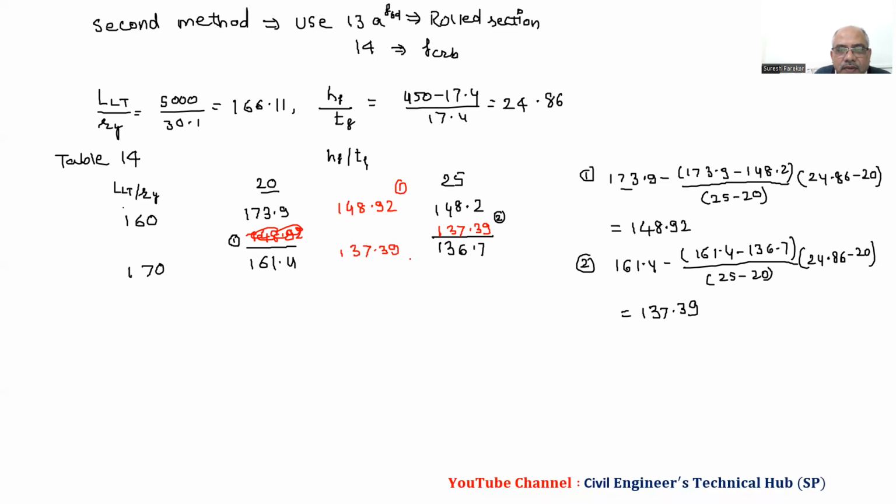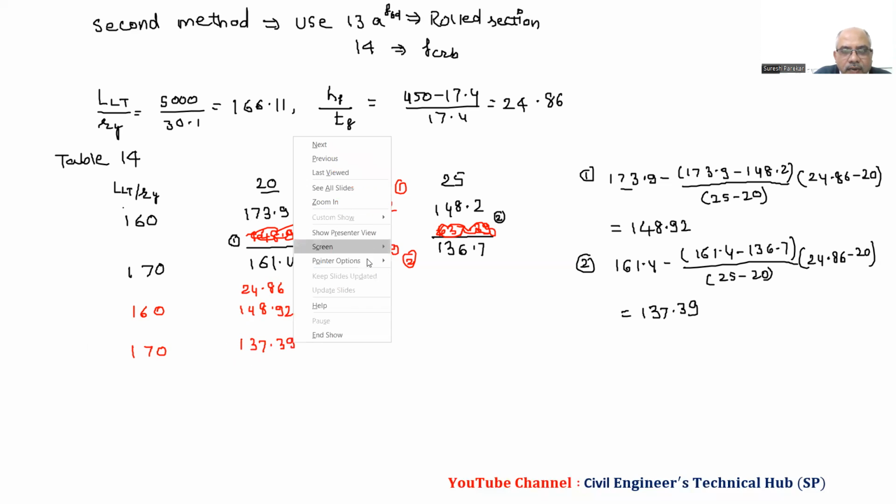So this is our first value, this is our second value, because these values we have calculated for 24.86, and now we are with 160, 170, and then we have this as 24.86. We have values as 148.92 and 137.39.